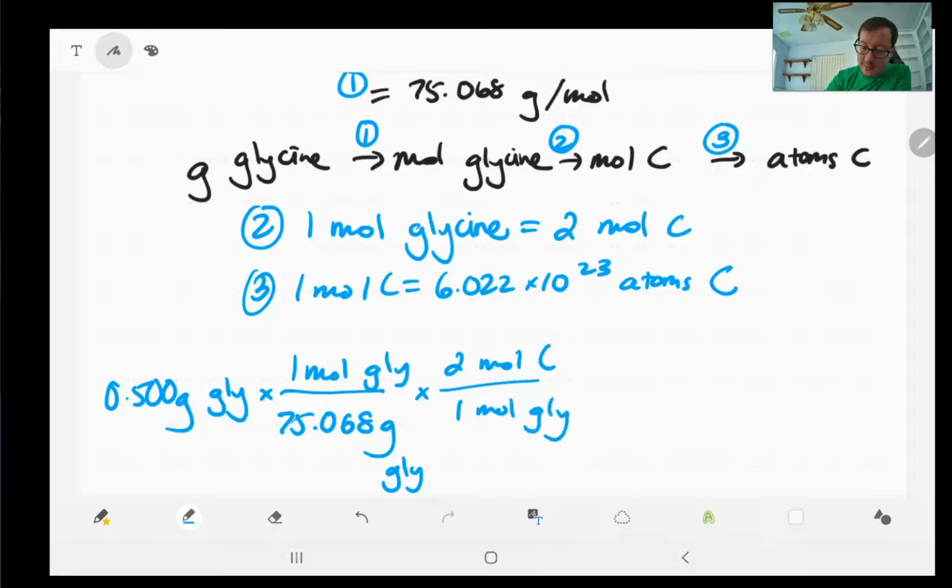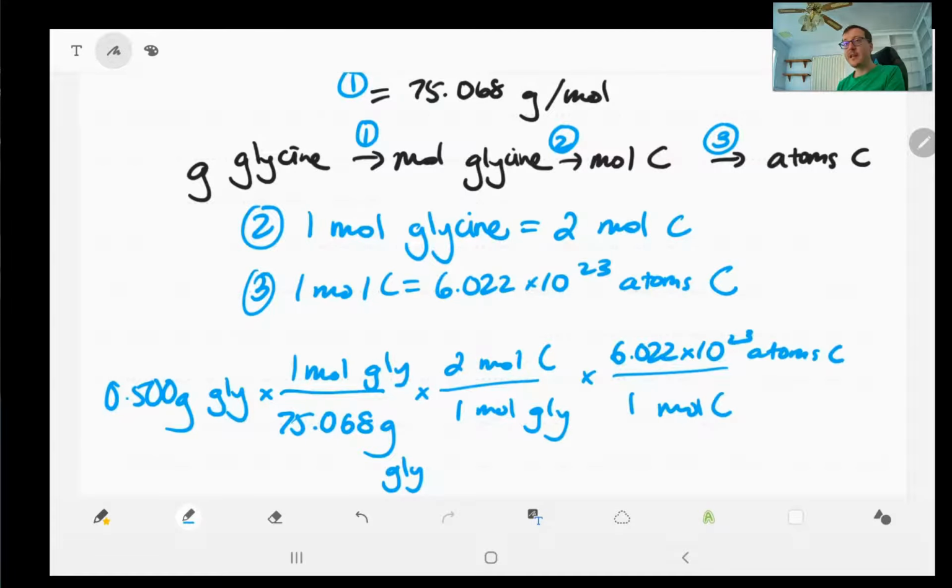Moles of glycine needs to go on the bottom so it cancels out. Moles of carbon goes on the bottom so it cancels out now, and then we have atoms of carbon on the top. And so that would be the setup, and then you just calculate it from there. Whatever you get would be your answer. Probably it'll be something times like maybe 10 to the 21, 10 to the 22, somewhere around there, probably.